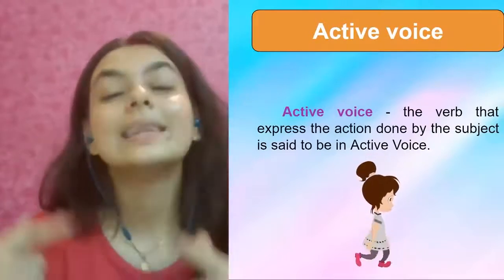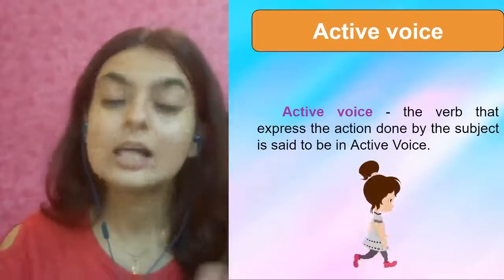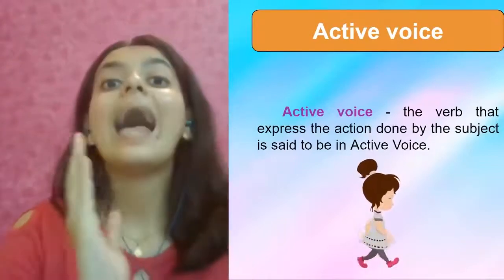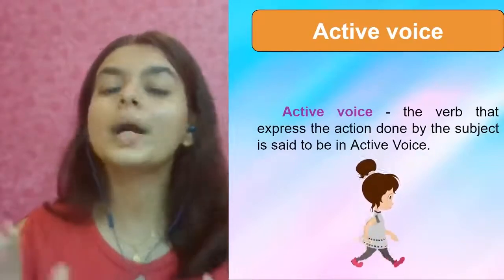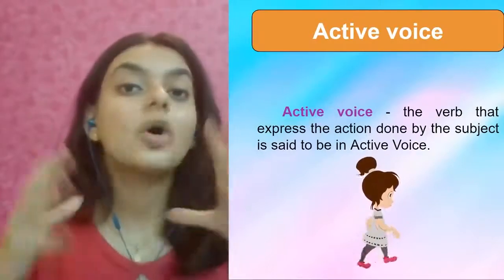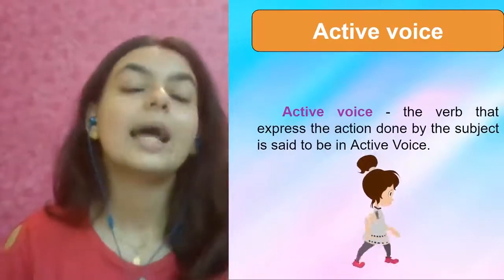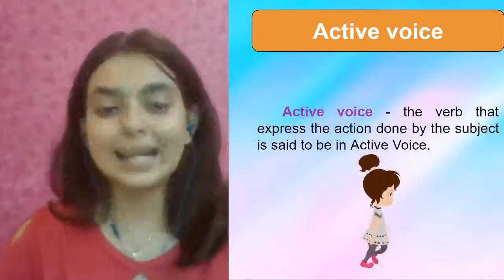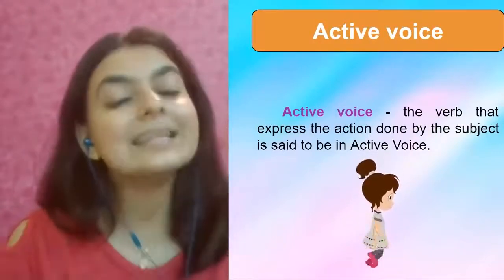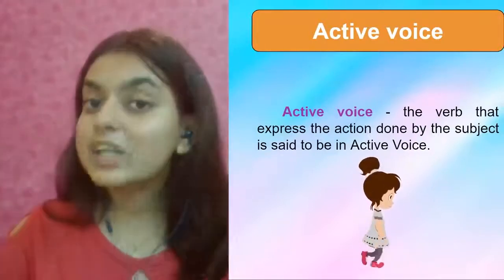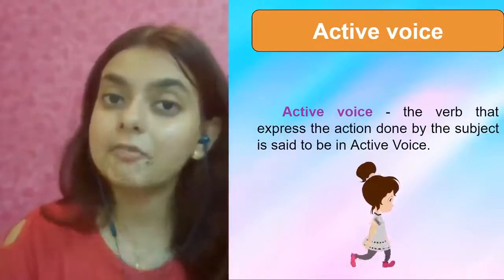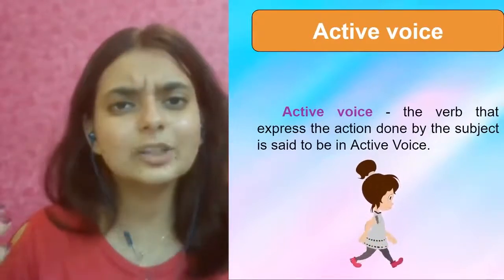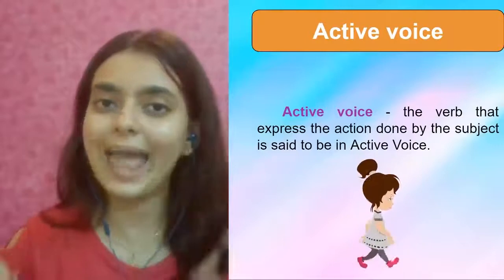So the work is done by the subject, the active doer, and the subject will occupy the initial position of the sentence. Active voice means the subject comes at the beginning of the sentence. Very easy to remember, simplest trick ever.